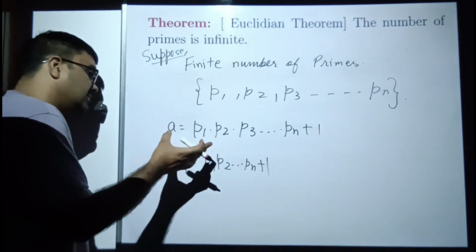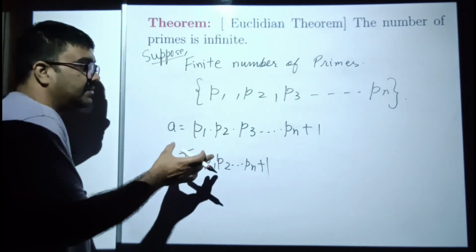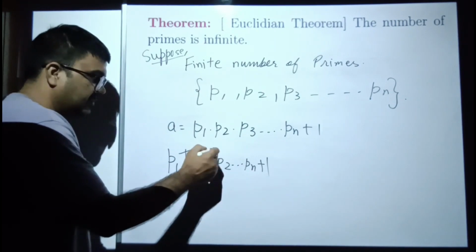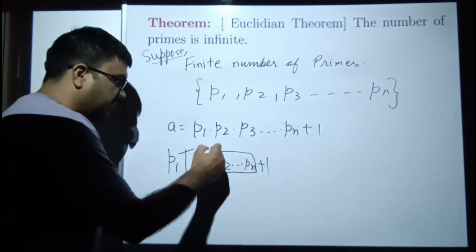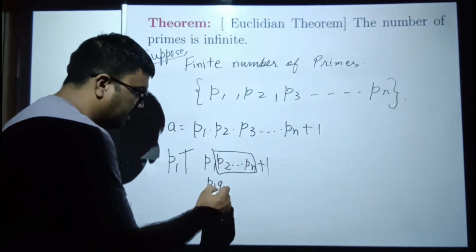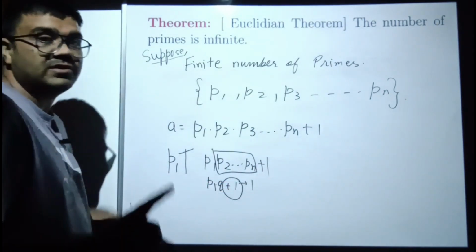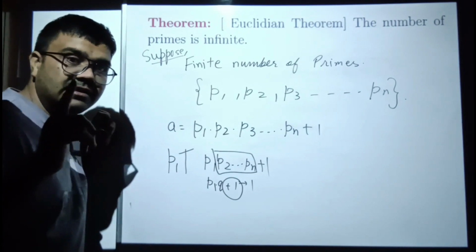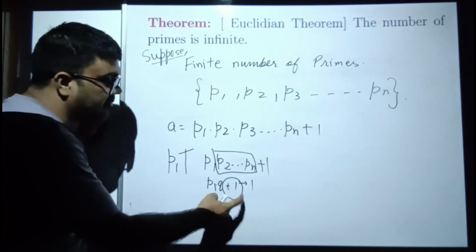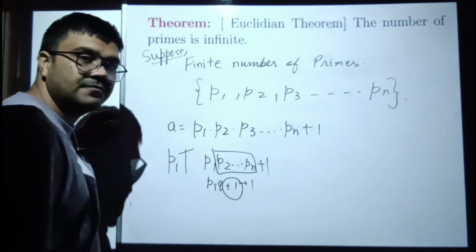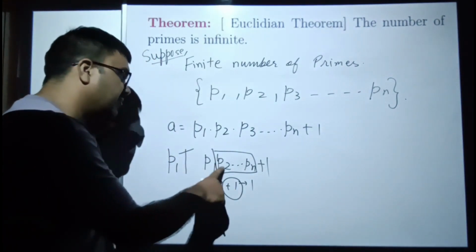By Euclid's division lemma, dividing gives P1 times Q plus 1. So the remainder left over is 1. It is not divisible, because the definition of divisibility requires the remainder to be 0.